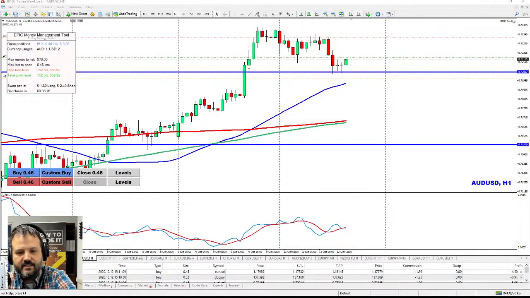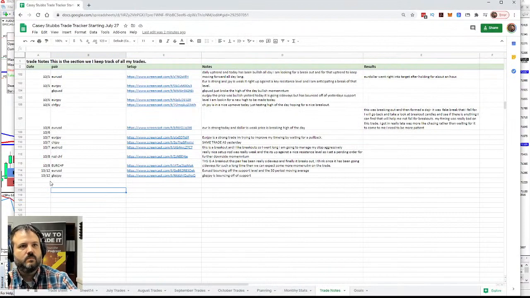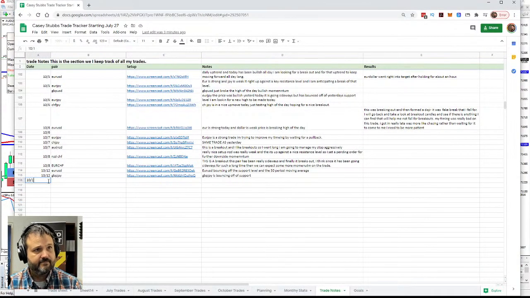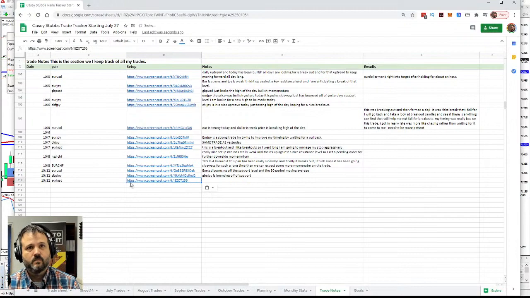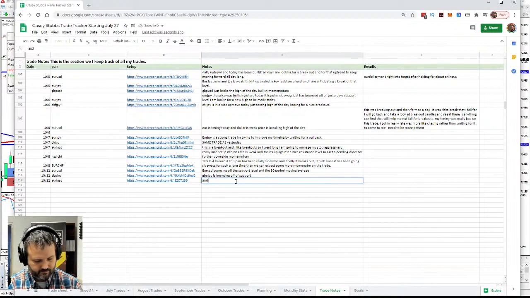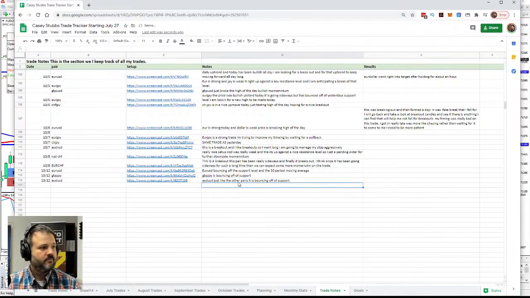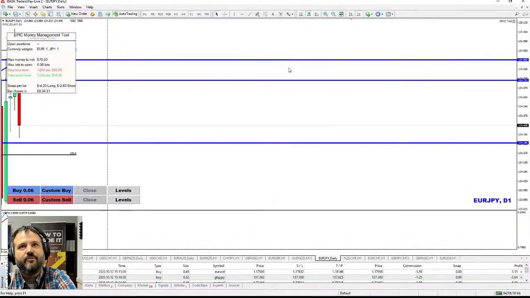Okay, let's see here. All right, well, let's go ahead and look at the euro yen, daily time frame.